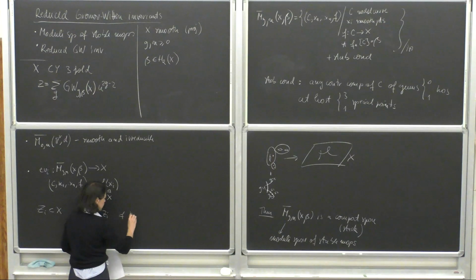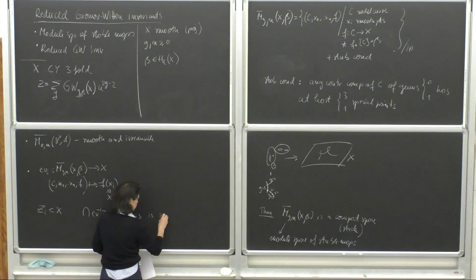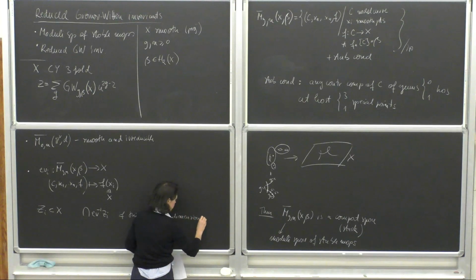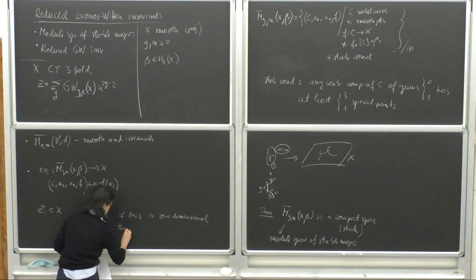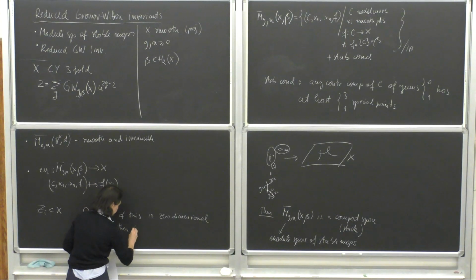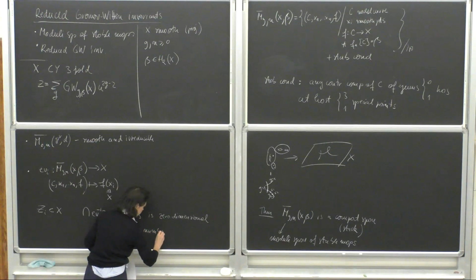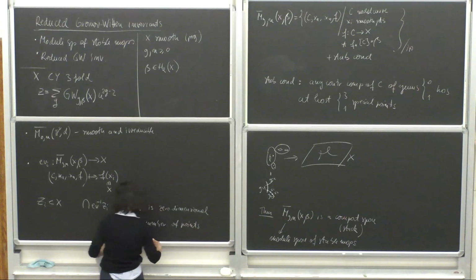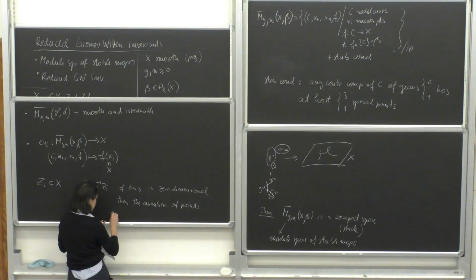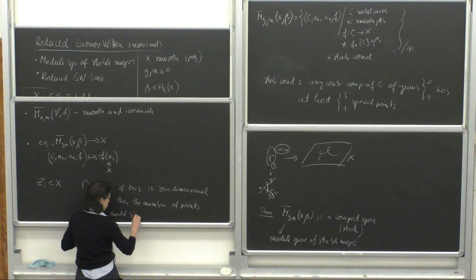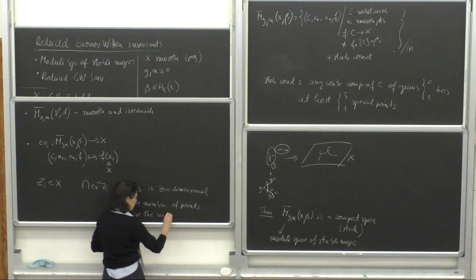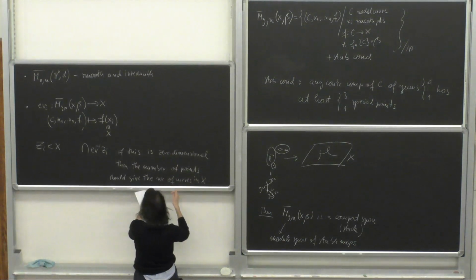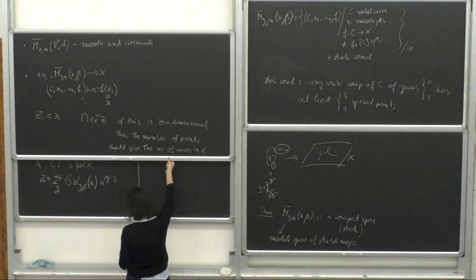So if this is zero-dimensional, then the number of points should give the number of curves in X. This is a rather unfortunate place to change the board.